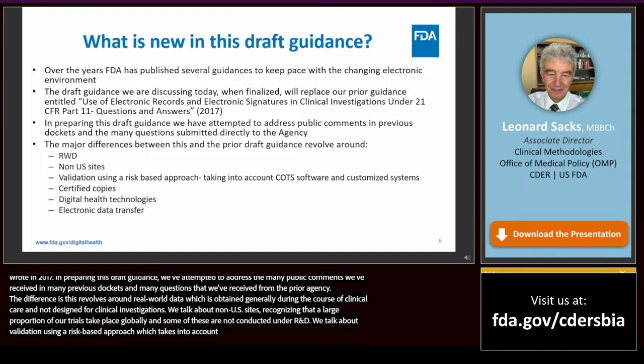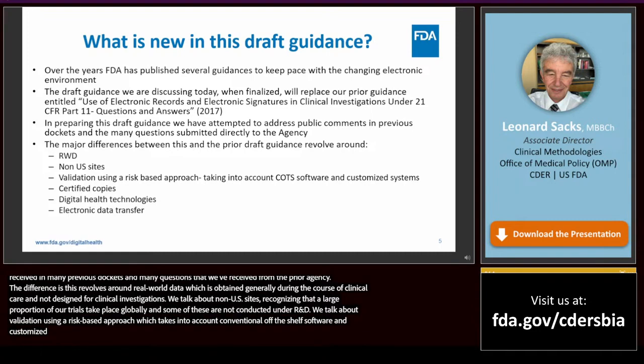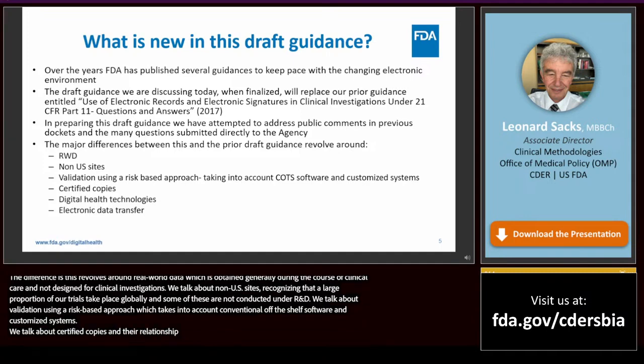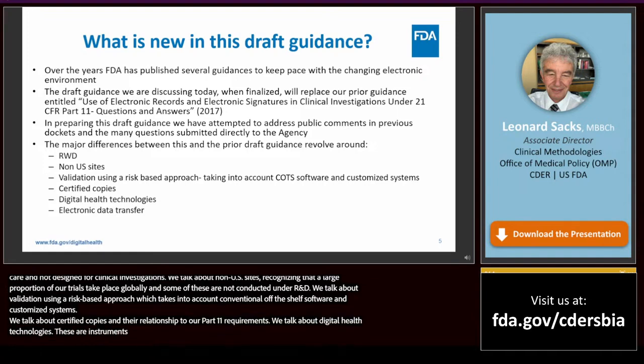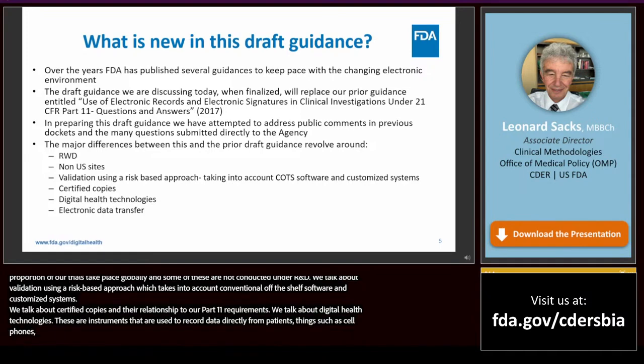We talk about certified copies and their relationship to our Part 11 requirements. We talk a little bit about digital health technologies. These are instruments that are used to record data directly from patients, things such as cell phones, smartwatches, glucose monitors, and activity trackers. And we talk about electronic data transfer.